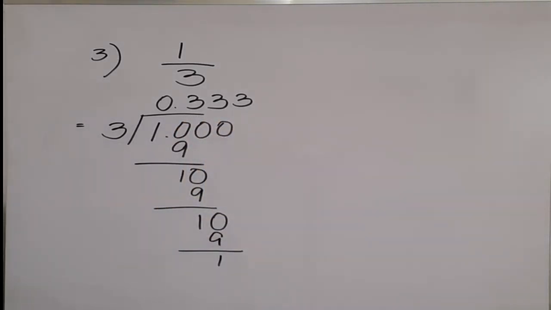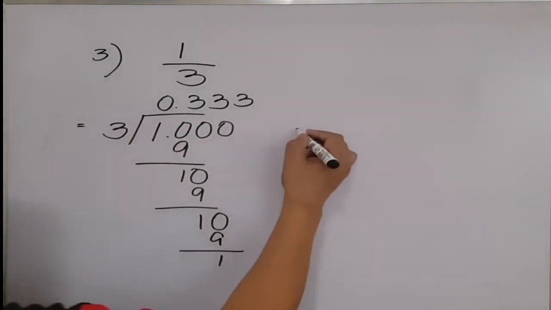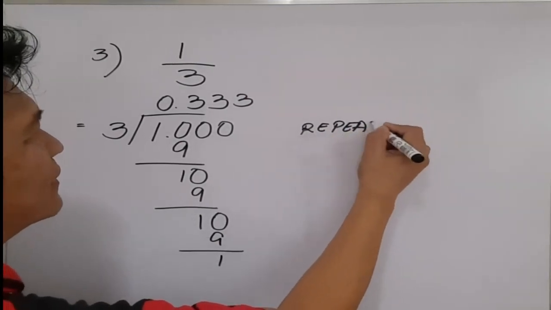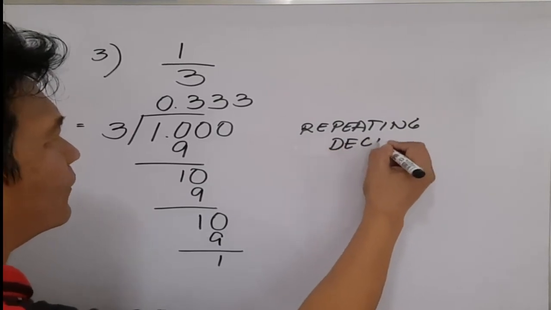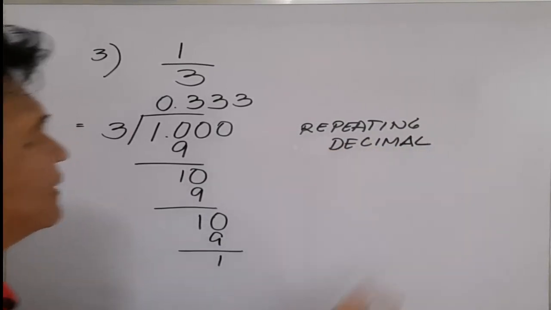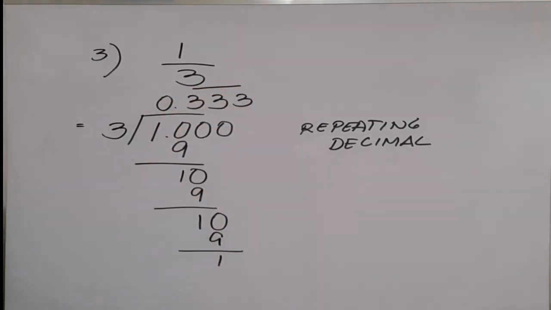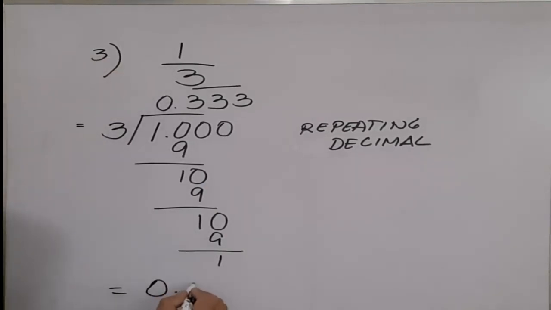In a situation like this, where the answer is an endless number, we call this a repeating decimal. So what we do is we add a continuous line above. So 1/3 is equal to 0.333 repeating decimal.